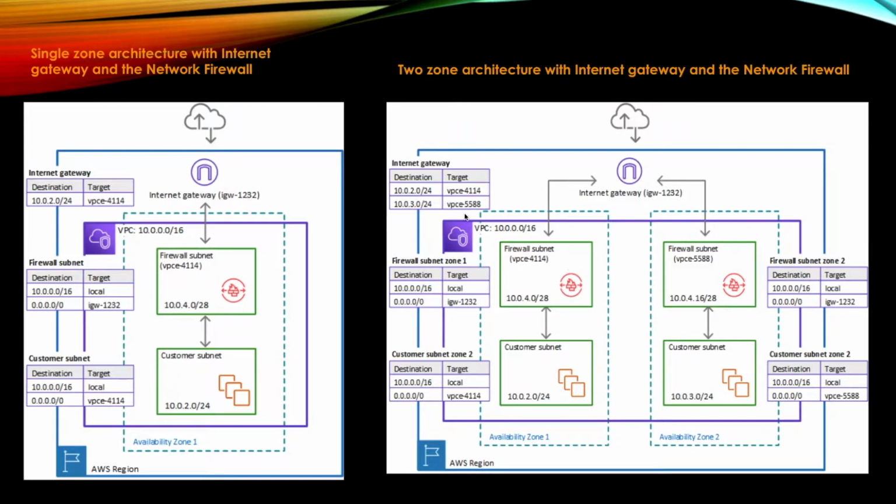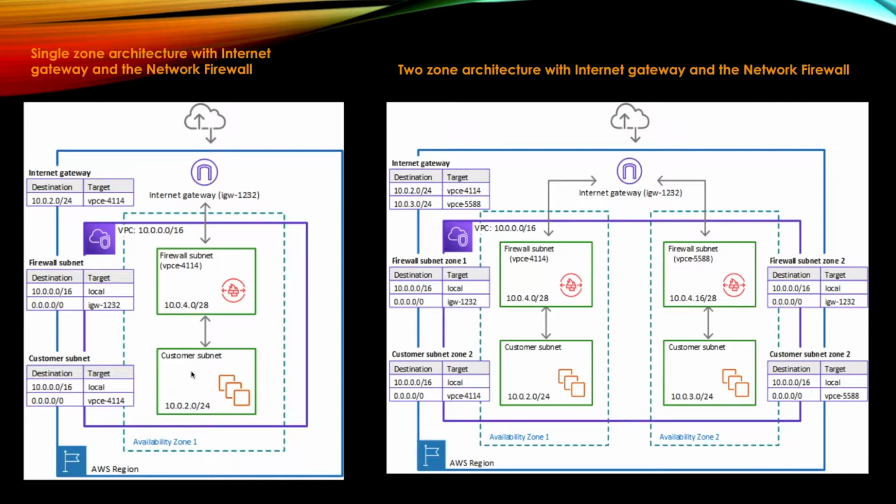I just pasted two different diagrams where we'll cover both the one zone architecture and the two zone architecture. If we talk about one availability zone, Network Firewall will create a new subnet in our VPC, in our availability zone in a particular region, and we create a network firewall. It will create a VPC endpoint in this particular subnet.